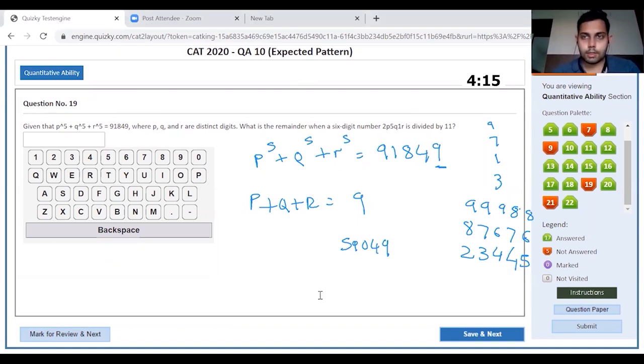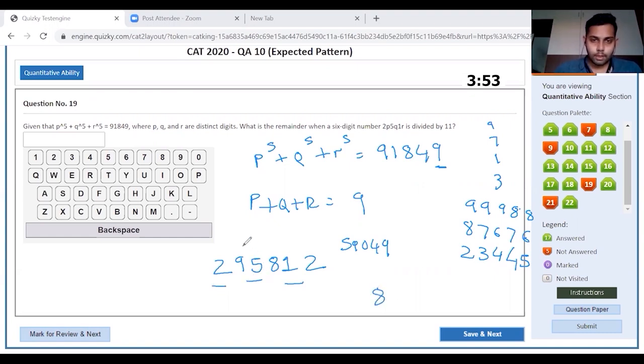Now when I have 987, so what are my numbers? 2, 9, 5, 8, 1, and 2. I need divisibility by 11. So whichever place I put it doesn't matter. I need to do 2 plus 5 plus 1, which is 8, and 9, 8, 17, and 2 is 19, which we already found out.